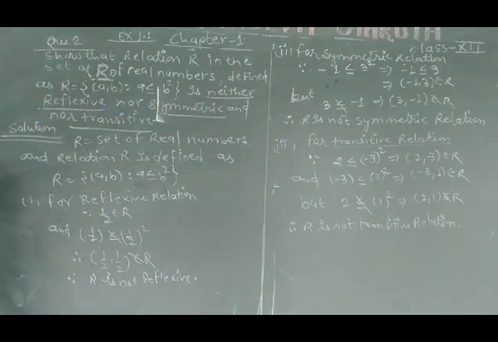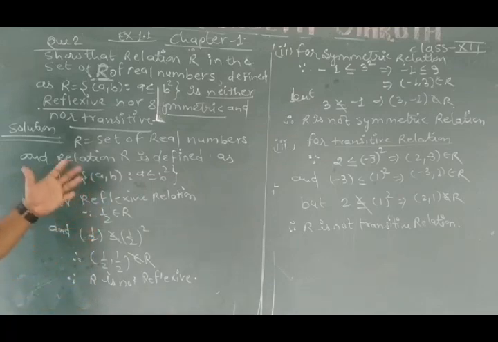So, in that way, we have taken elements such that the element of the same ordered pair will not come in R. Therefore, it is proved that R is not reflexive. In the second, we have proved that it is not symmetric. In the last, we have proved that it is not a transitive relation.